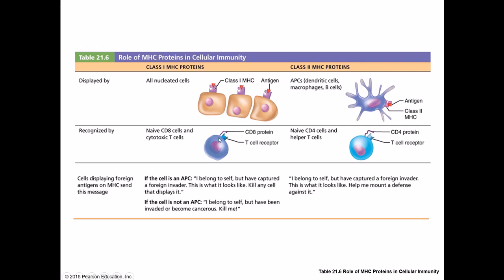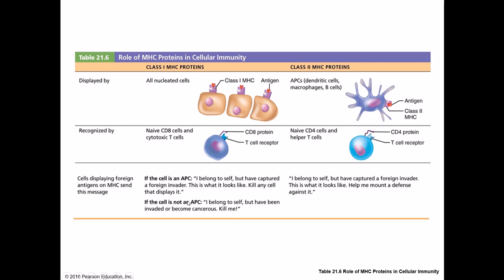If the cell that has this class 1 MHC protein is one of those antigen presenting cells, it is basically telling the immune system that, hey, I'm a self cell, I'm an antigen presenting cell that belongs to this body, but I have something foreign and this is what it looks like. Please go and kill and find other cells that have this particular antigen, because this antigen is bad.